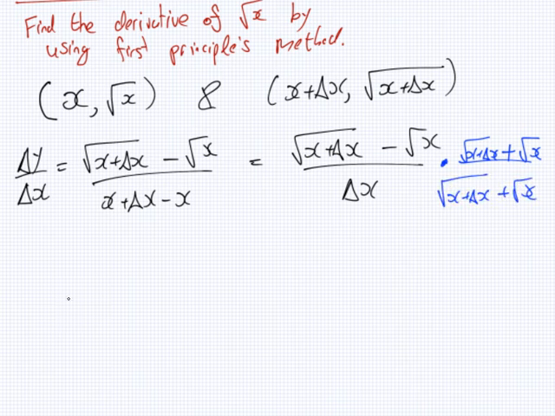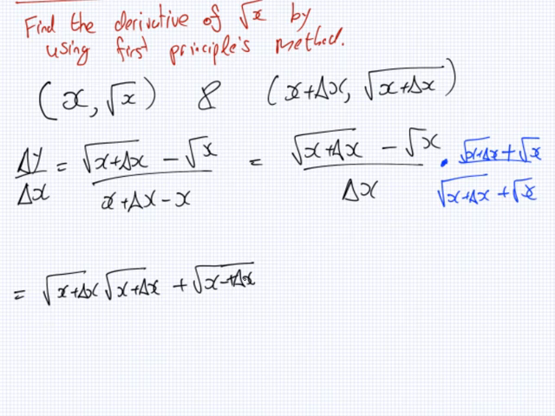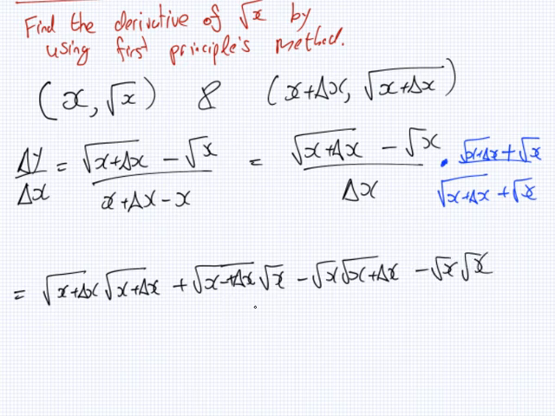So on the top, you would get root x plus delta x times root x plus delta x plus root x plus delta x times root x minus root x times root x plus delta x minus root x times root x, all over delta x.